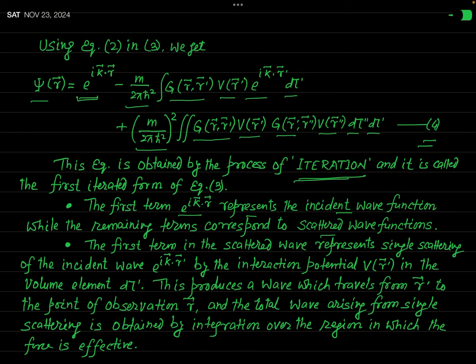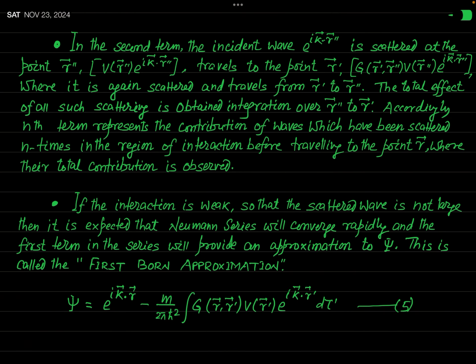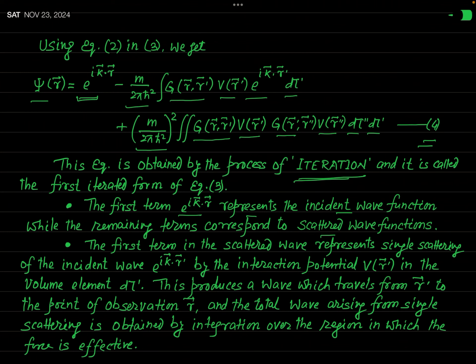In fact, the first term in the scattered wave, you can see here, which is the integral of G of r comma r dash V of r dash and this much.